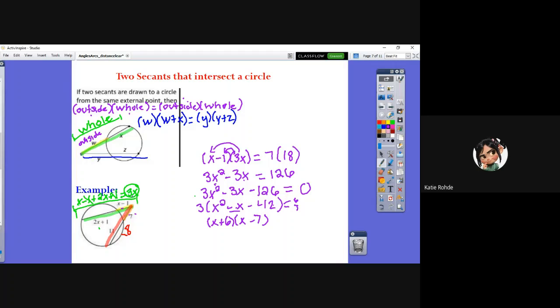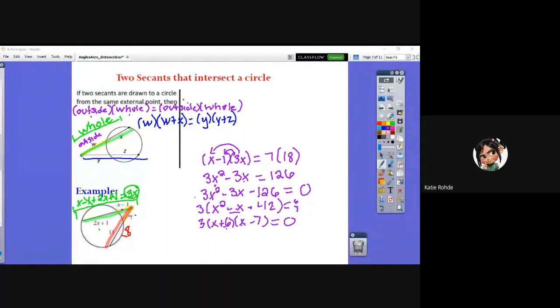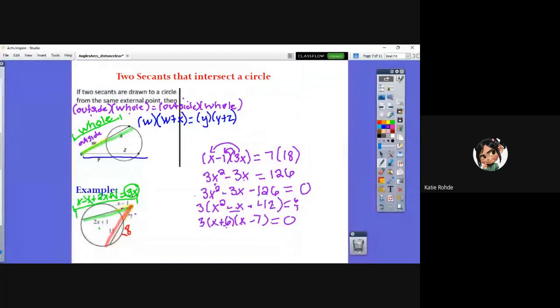You can always check it by refoiling: first, outer, inner, last, and you will come back up with this. This still equals 0. You do have that 3 out here, but we're going to get rid of that in a minute. In order to solve this, we use our zero product property from Algebra 1.